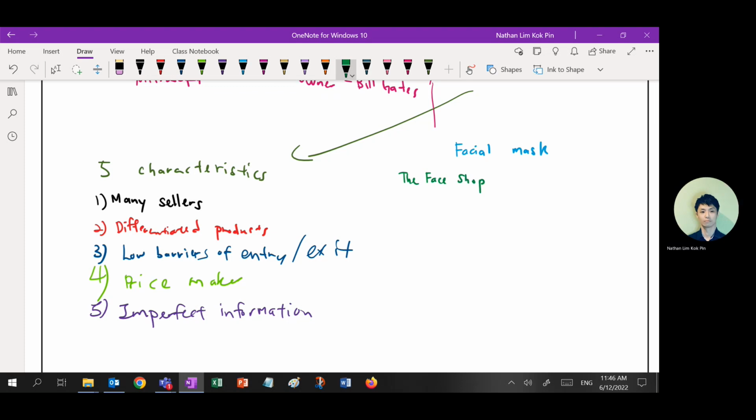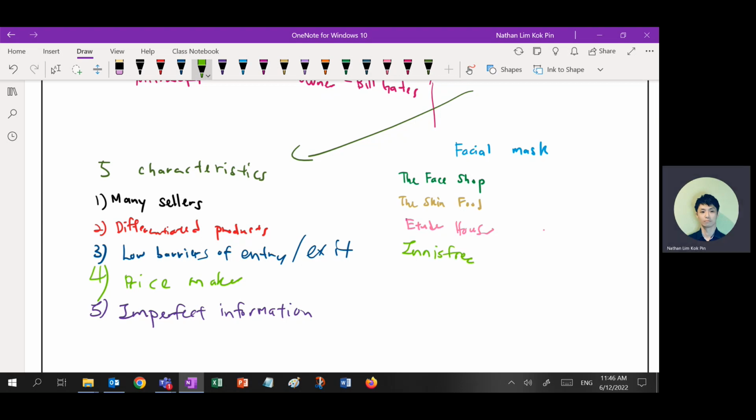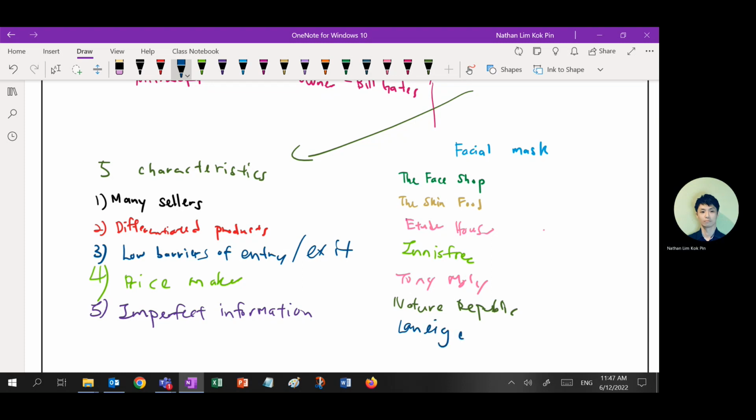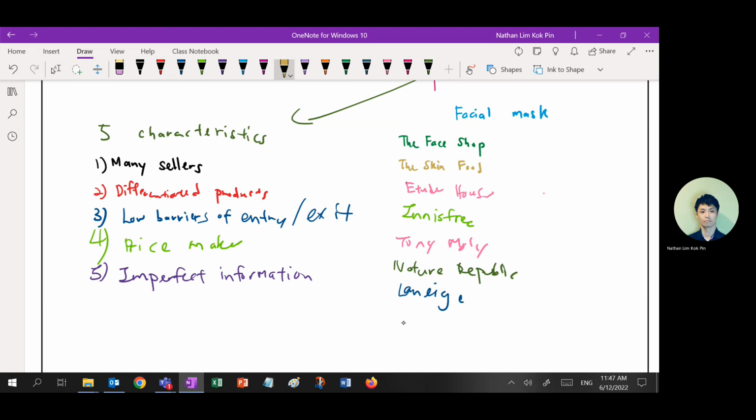The Face Shop, the Skin Food, Etude House, Innisfree, Pony Molly, Laneige, Duvasu.